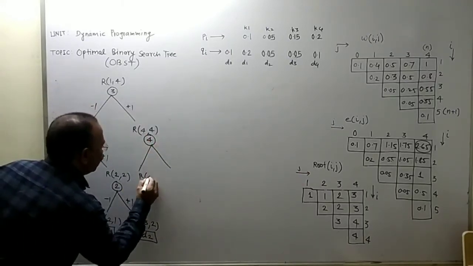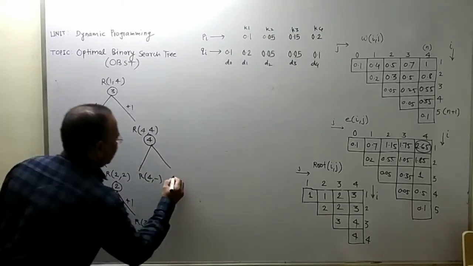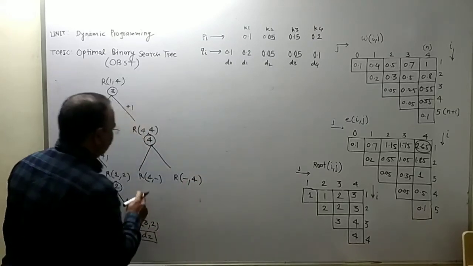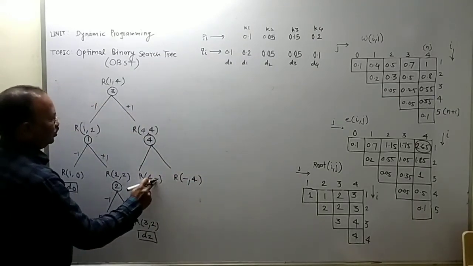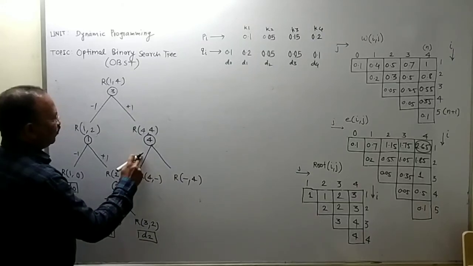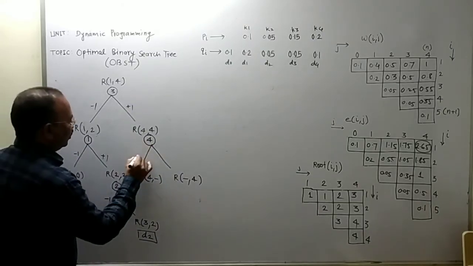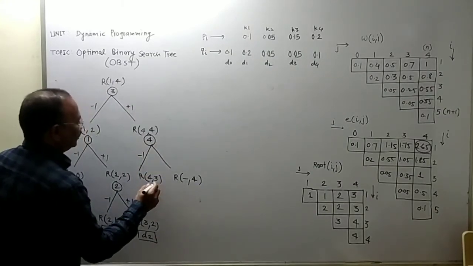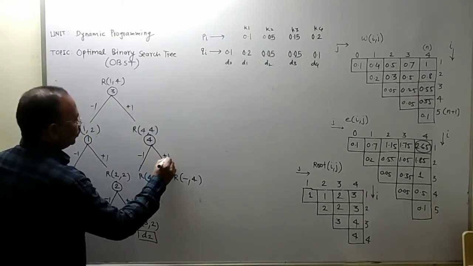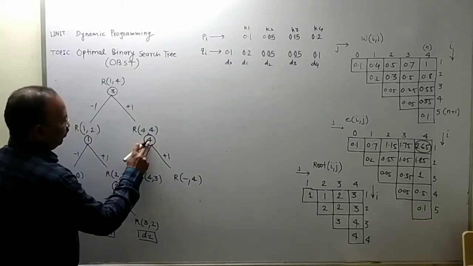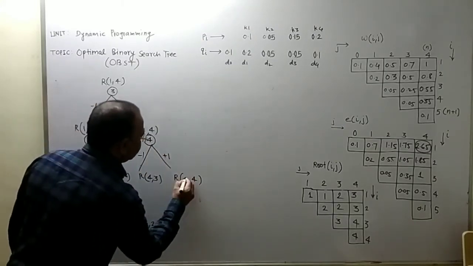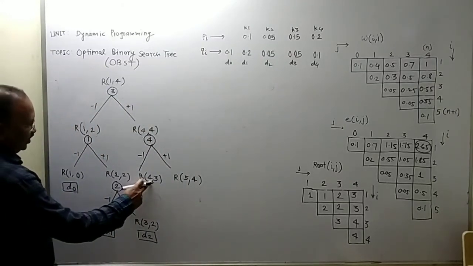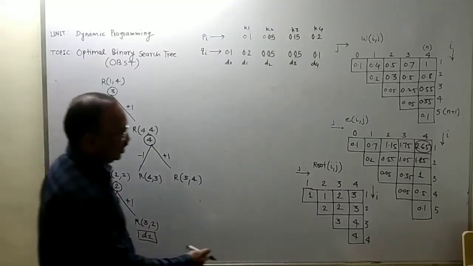R4 comma dash, R dash comma 4. Find out the value for these positions. Subtract 1 from 4: 4 minus 1 is 3. And add 1 to this 4: 4 plus 1 is 5. Now find out the value at this cell in the root table, 4 3.